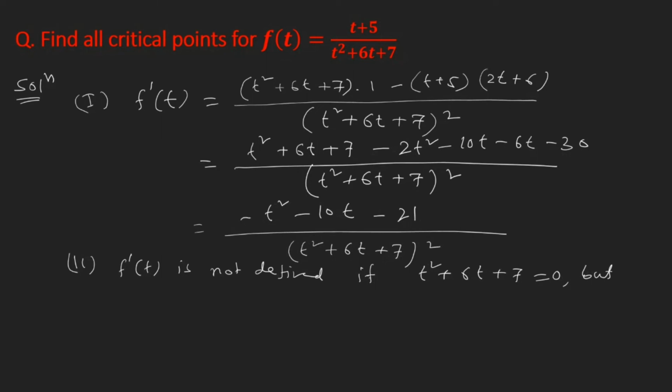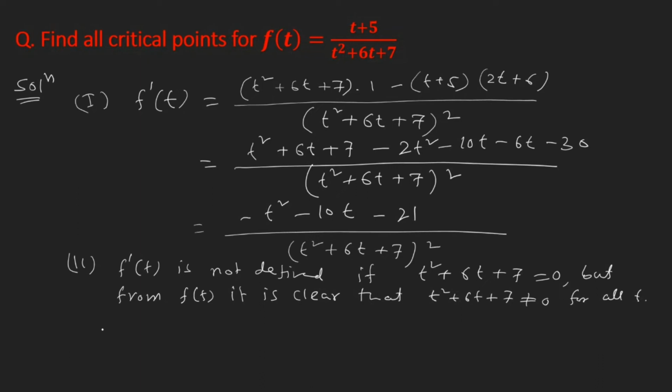But from f(t) it is clear that t square plus 6t plus 7 is not equal to 0 for all t.